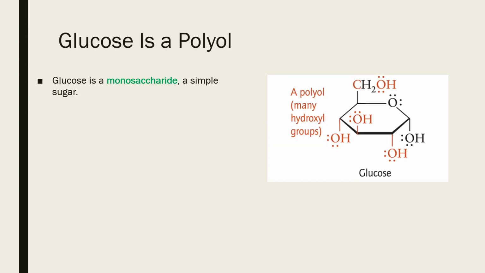As we can see in this structure of glucose molecule that it contains multiple hydroxyl groups, so therefore it falls under the category of polyols. So glucose is a monosaccharide, which is a simple sugar, and it is a carbohydrate, and we will learn more about carbohydrates in chapter number 14.